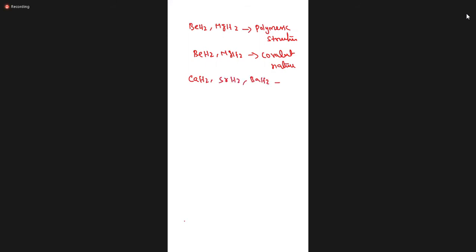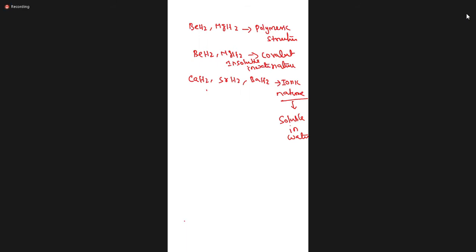Beryllium hydride and magnesium hydride both have a polymeric structure and are covalent in nature. The rest of the hydrides, calcium hydride, strontium hydride, and barium hydride, are all ionic in nature. The ionic hydrides are soluble in water, while the covalent ones are insoluble in water.